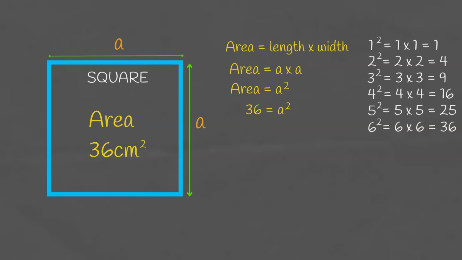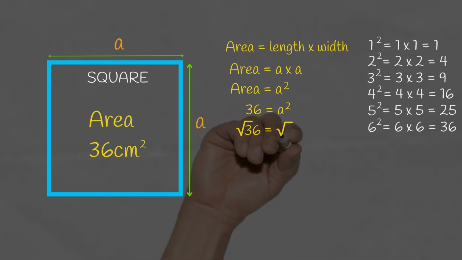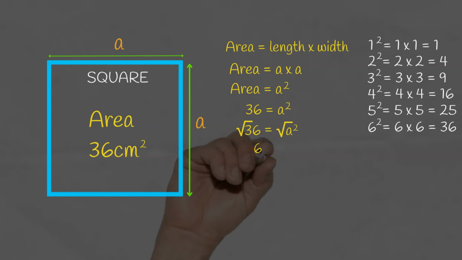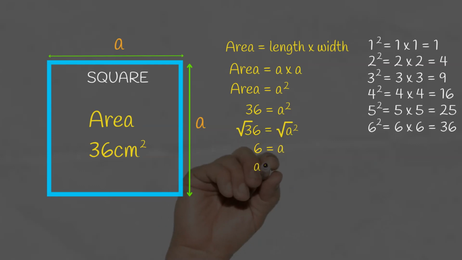So we have to take the square root of 36 as well. So now we get the square root of 36 is equal to the square root of A squared. And if you take the square root of 36 on your calculator, you'll get 6. And as we've said before, the square root and the squared cancel each other out. So you get 6 is equal to A, or A is equal to 6 centimetres.